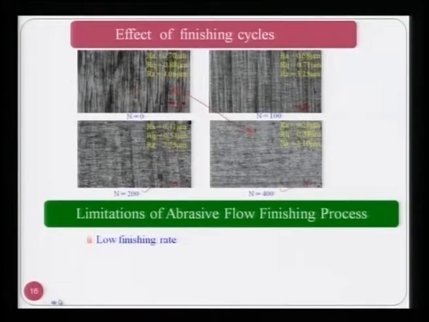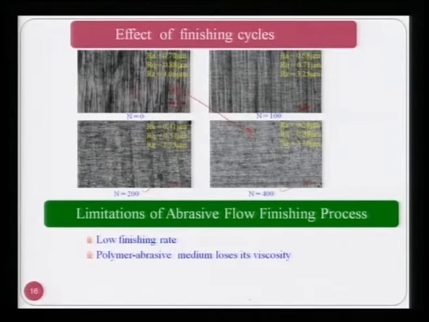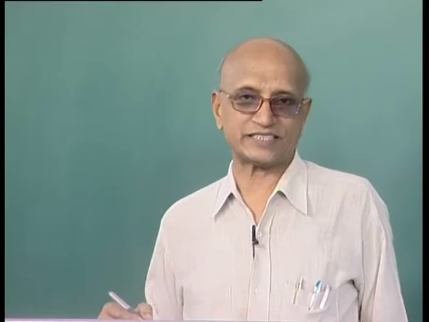Now, there are certain limitations of the abrasive flow finishing process. First thing is it has a low finishing rate. Second, the polymer abrasive medium loses its viscosity. As you keep finishing, the rheological properties of the medium keep changing, or rather deteriorating.